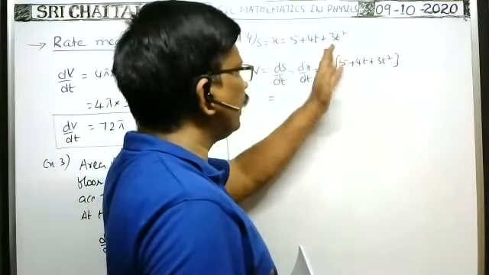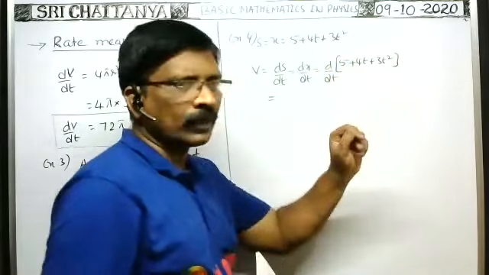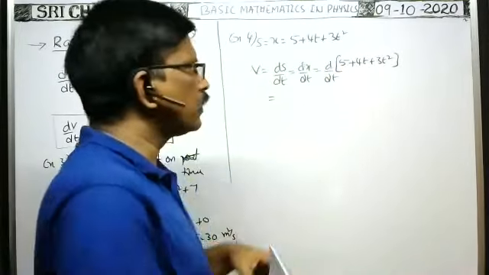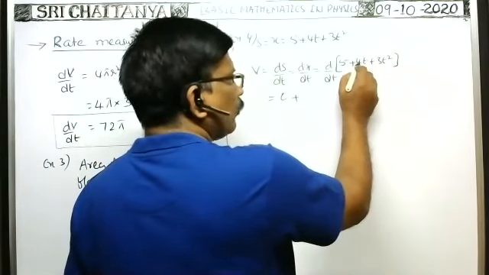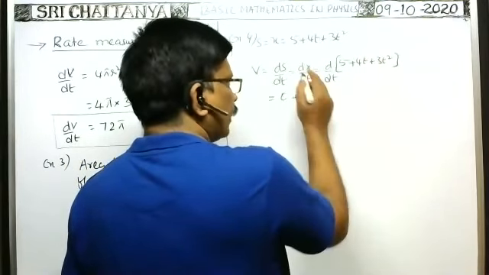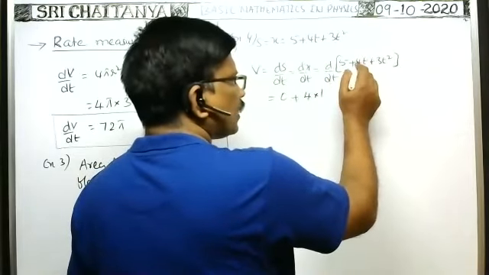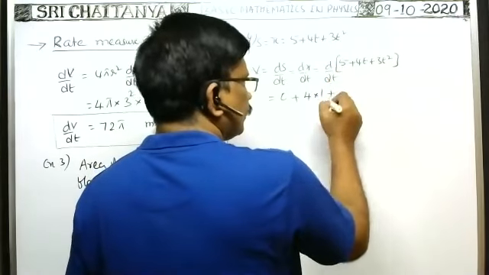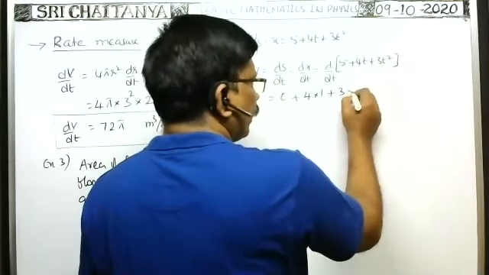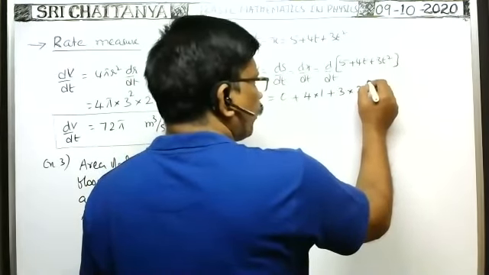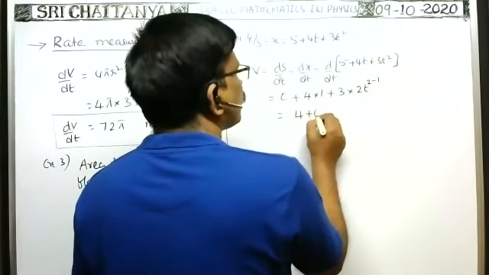When you split them, d by dt of 5 plus d by dt of 4t plus d by dt of 3t². Differentiating a constant gives 0. For d by dt of 4t, the constant 4 stays outside, and d by dt of t is 1. For d by dt of 3t², the constant stays outside, and d by dt of t² is 2 into t to the power 2 minus 1. Therefore, v = 4 + 6t.